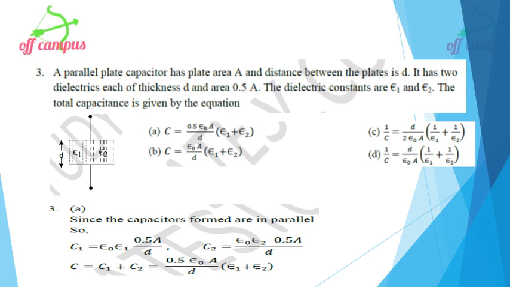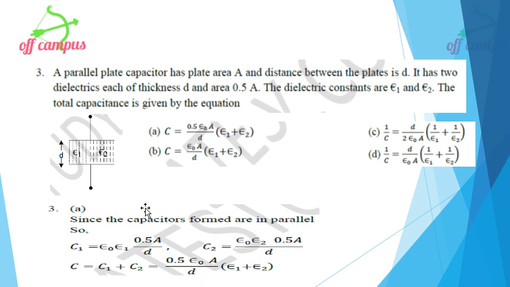C1 is normally epsilon A by D, right? Epsilon naught, epsilon 1, because it is C1, epsilon 1 into 0.5 A by D. See, the area is given as 0.5 A. Similarly, each of thickness D and 0.5 A same area only. So, C2 also is epsilon naught, epsilon 2, 0.5 A by D.